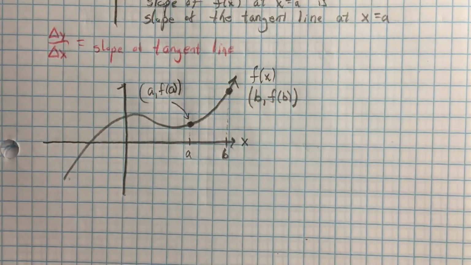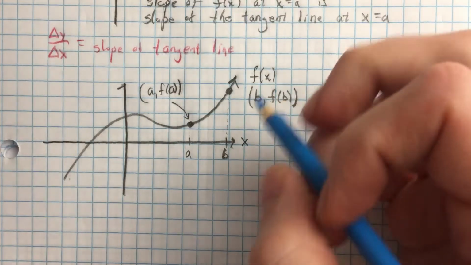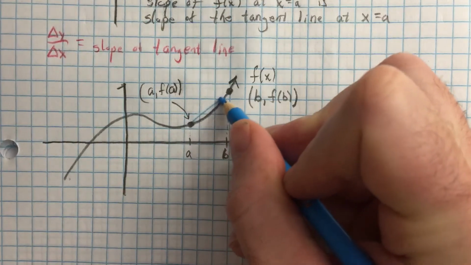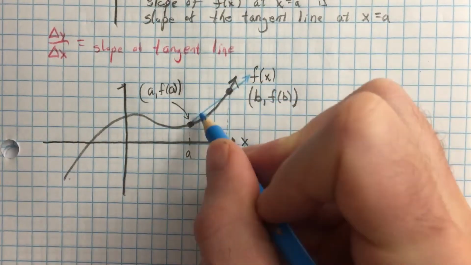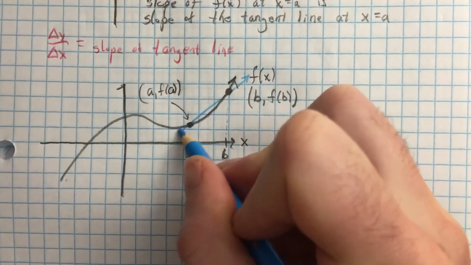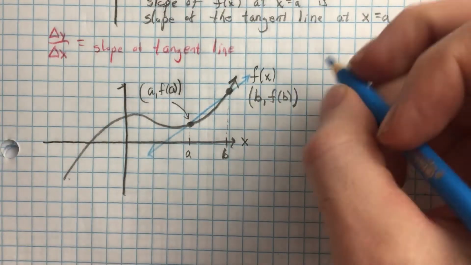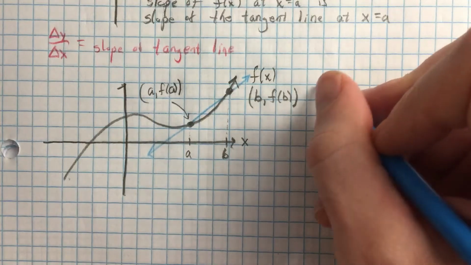So now if I draw the line that connects these two, that is called a secant line.